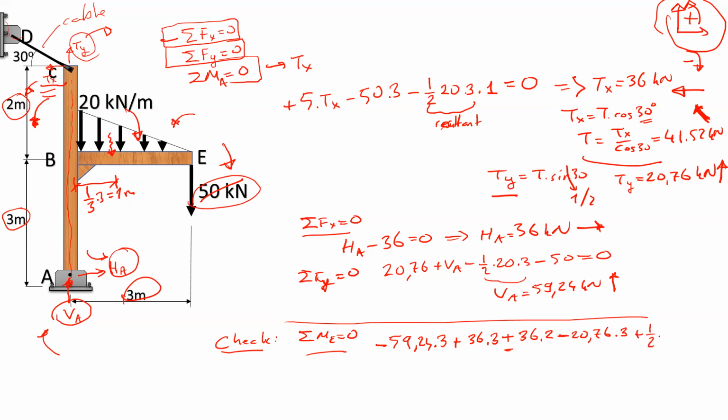So the magnitude here is 1/2 times 20 times 3 times the distance between the resultant force and point E, which is just 2 meters here. And if I multiply it by 2, it should be equal to 0.